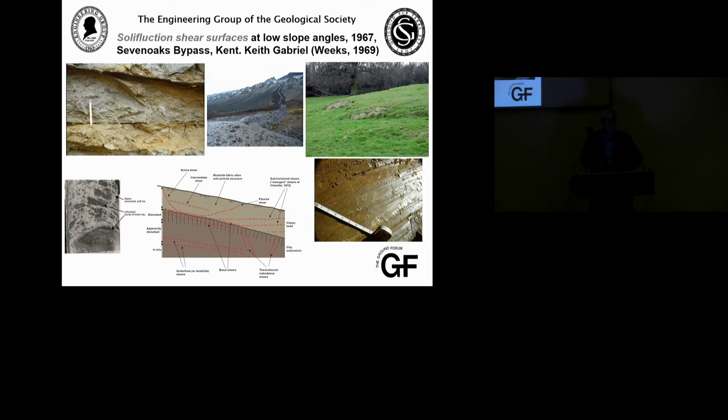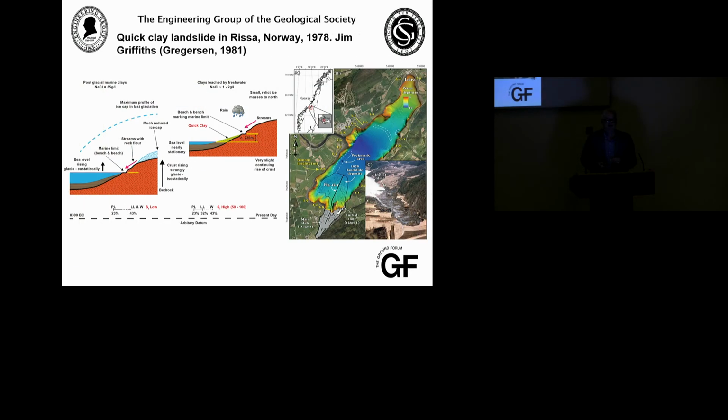So we felt it was very important to take these different case studies to illustrate these key issues. We put some classic ones in there, the quick clay landslides in Rissa in Norway. It's a very interesting lecture in its own right about how you can have isostatic recovery and you get a modification of the soil profile.